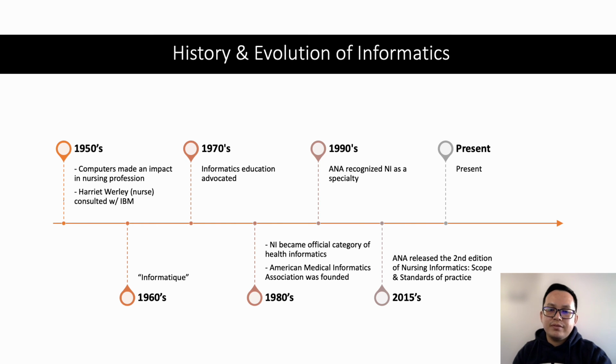By the way, in 2015, the ANA released the second edition of Nursing Informatics Scope and Standards of Practice, and after that, in 2021, they released a more comprehensive roles and coverage.